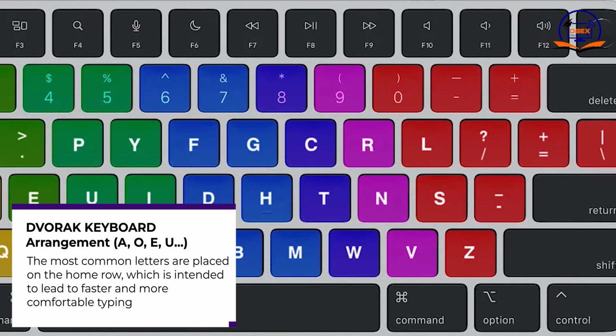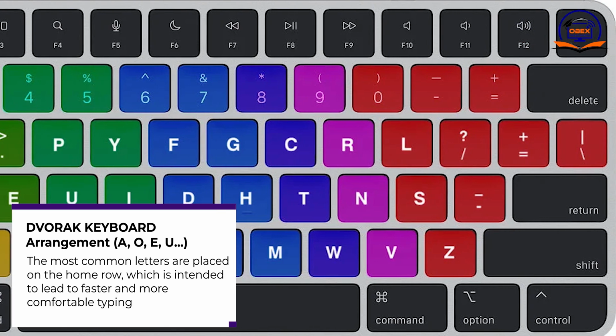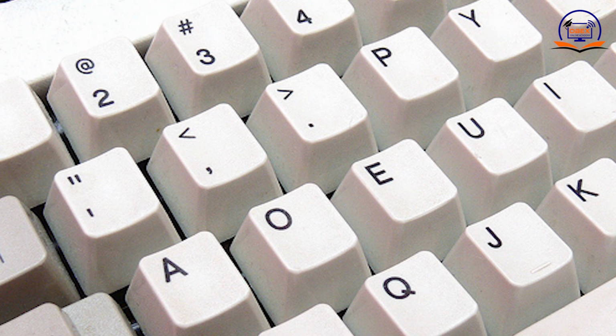They say that it's the most ergonomic keyboard, but that's something we can argue about, because it has arranged the keys in such a way that the most common English letters, for example A, O, E, U, I, have been put on the home row so that when you're typing, you don't move your fingers around the keyboard a lot.